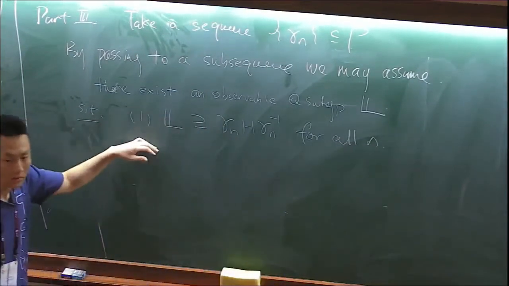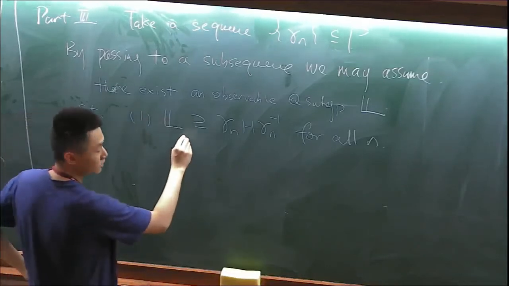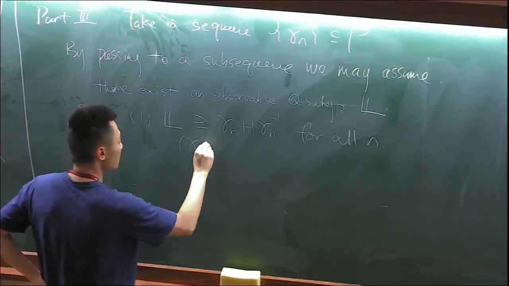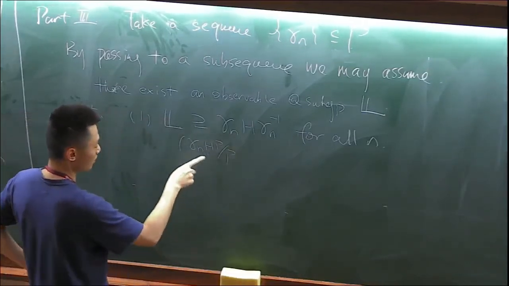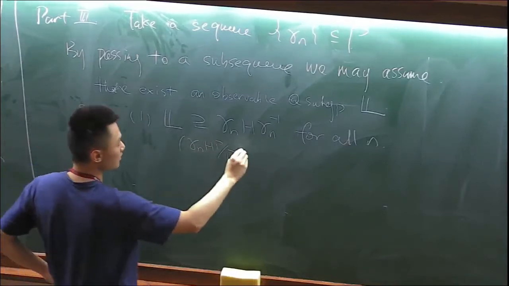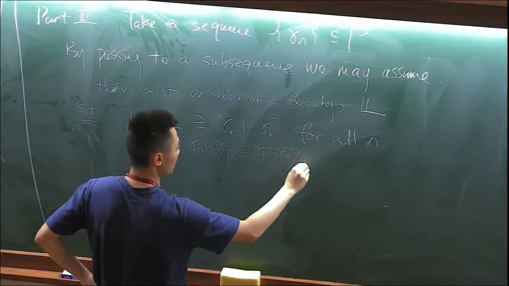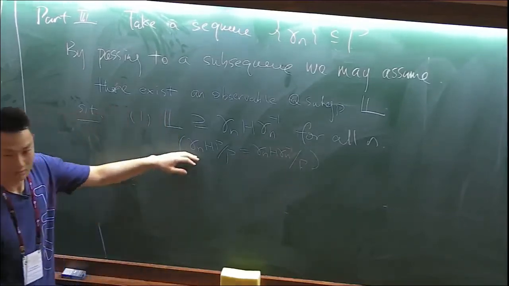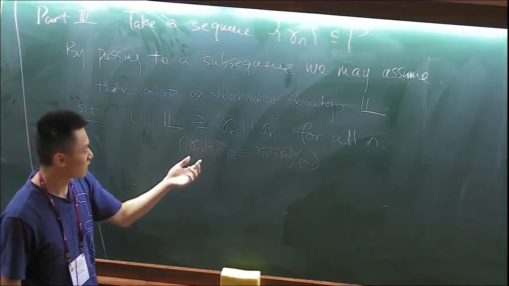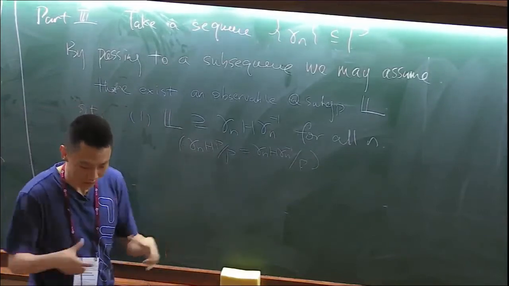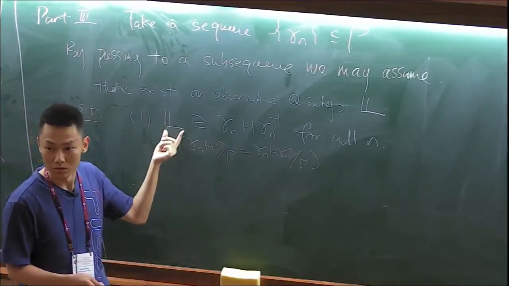So just gamma n H gamma mod gamma, the translates of H gamma by gamma n, this guy is just equal to gamma n H gamma n inverse mod gamma. So that means however you do, you are trapped inside the orbit of L.